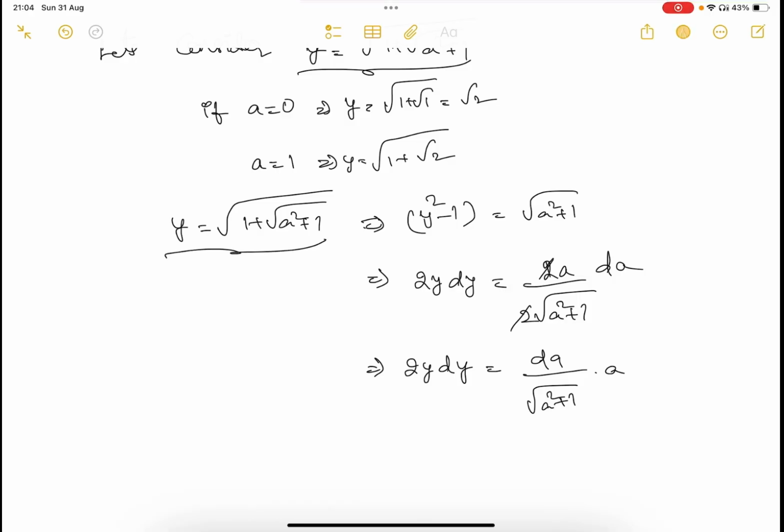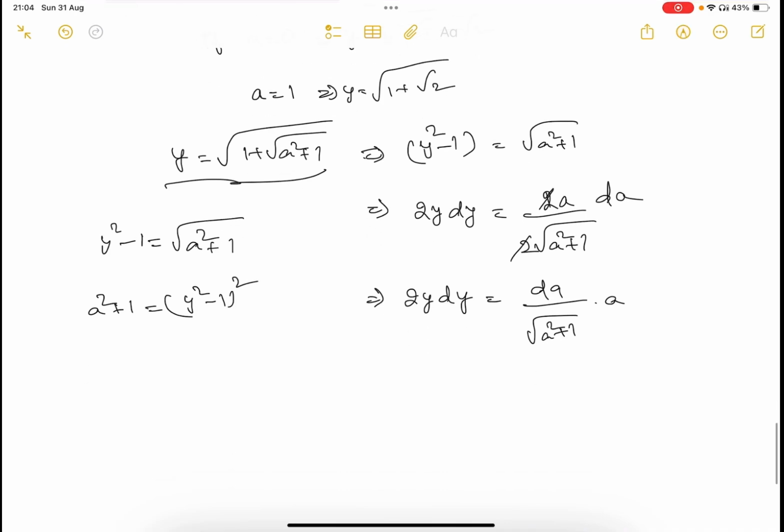This will be y square minus 1 equal to root of a square plus 1, right? Then a square plus 1 is y square minus 1 whole square. Then this will be a square equal to y square minus 1 whole square minus 1, right?